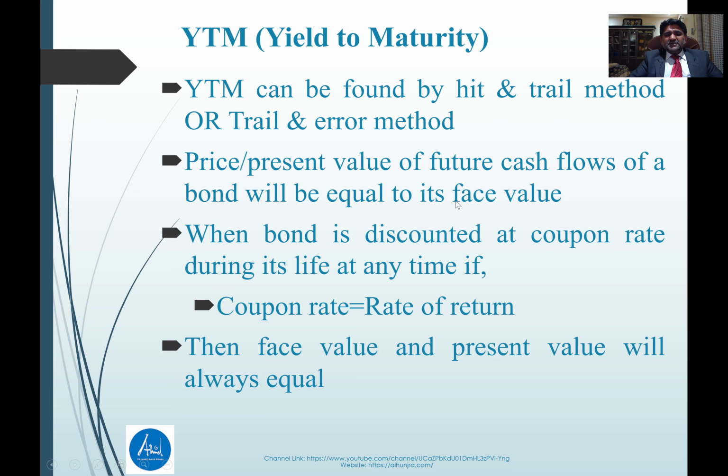The face value will be equal to the market price because they are discounted at par. What is par? It means the coupon rate and rate of return are the same, so the bond is traded in the market at par. Then the face value and present value will be the same. And present value is the price of the bond which we have calculated through the formula.